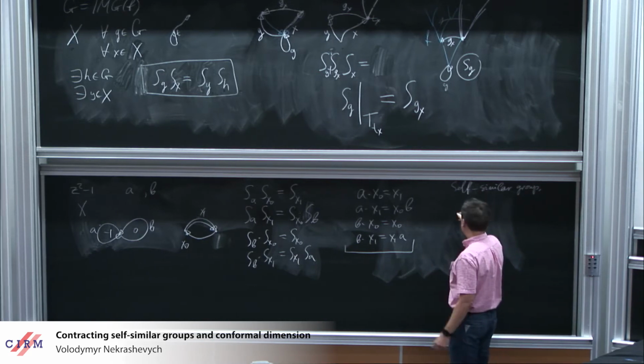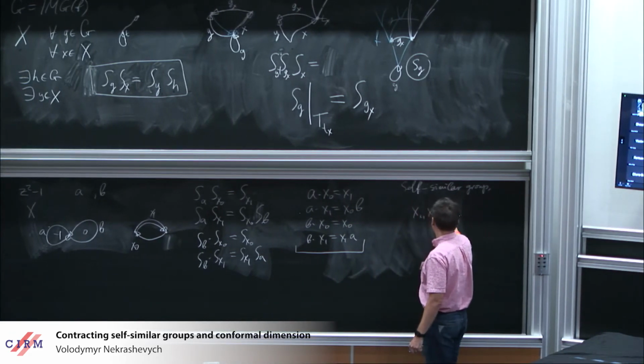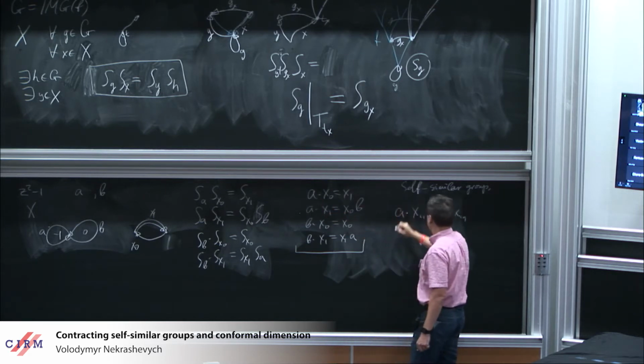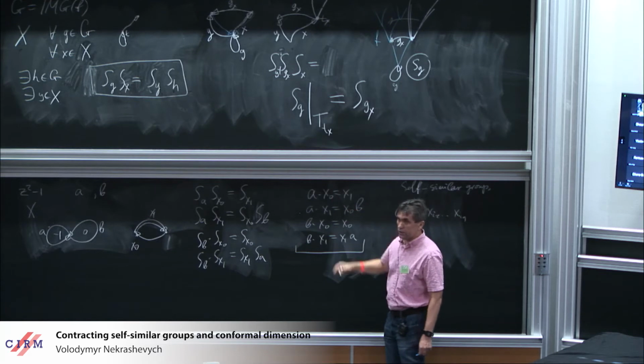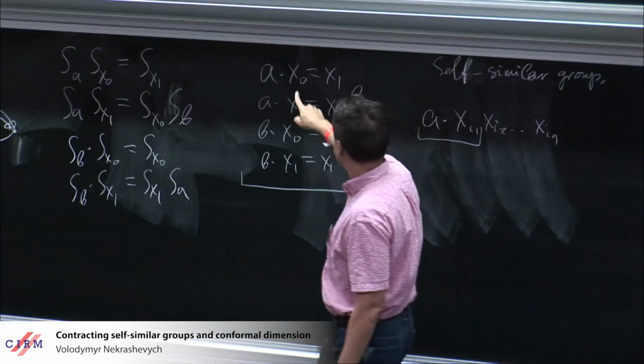Namely, if you take any product of these x's, xi1, xi2, xin, and multiply by A, you can use these formulas to rewrite it. So you have A times x something, x0, x1.